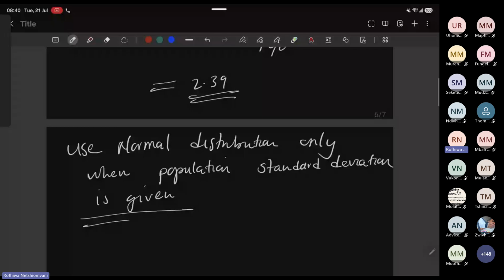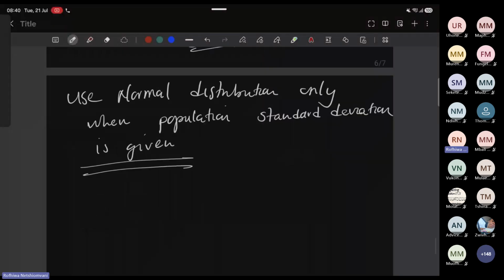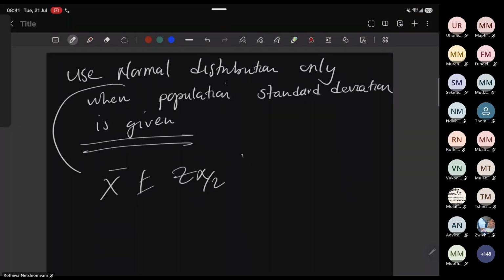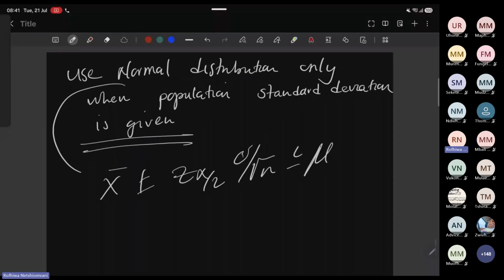Are we together? We only use the normal distribution, or when I say normal distribution, this is the formula that I mean. This formula can only be used when the population standard deviation is given. Always remember that.